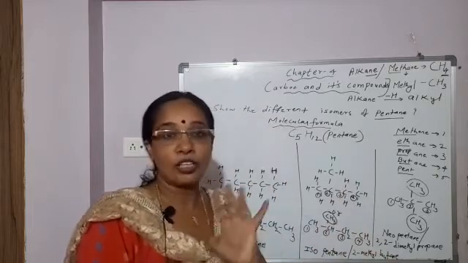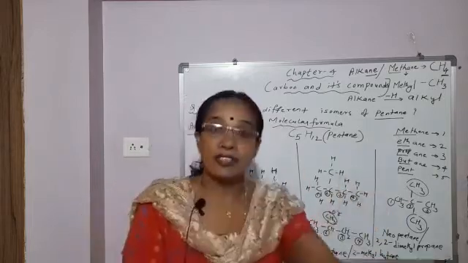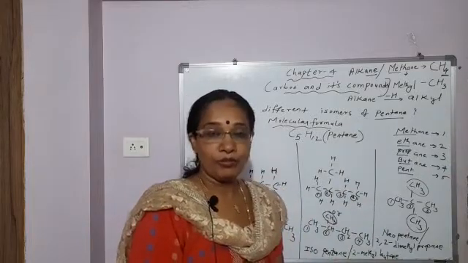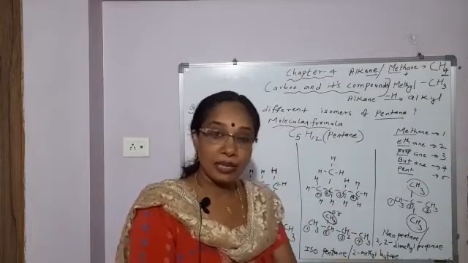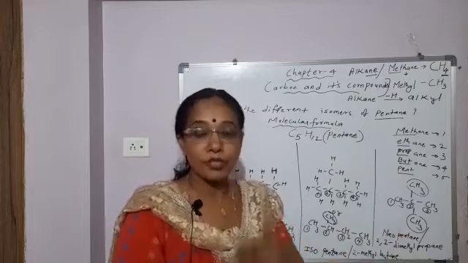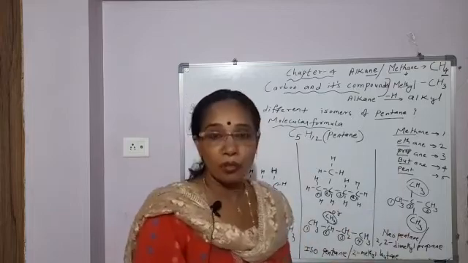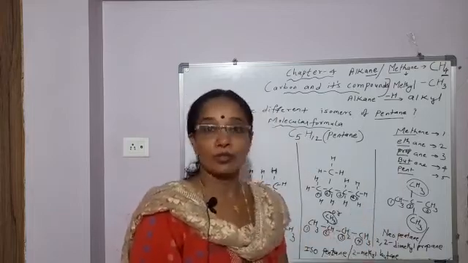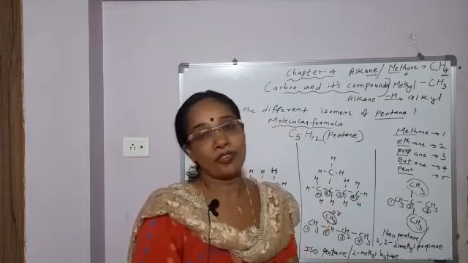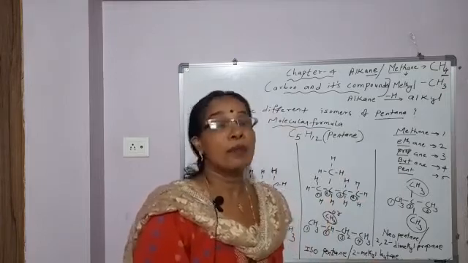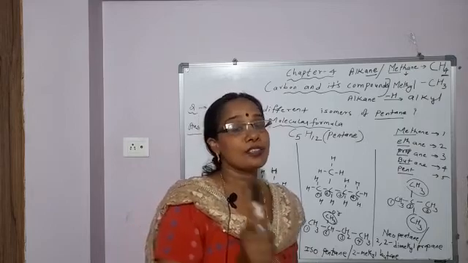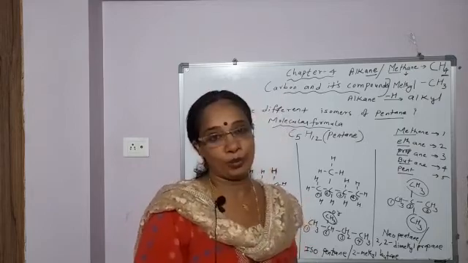Means with the same molecular formula, 2 or more different structures are there with different properties. This phenomenon is called isomerism, and carbon shows the phenomenon of isomerism because of which there is a large number of carbon compounds. Okay.